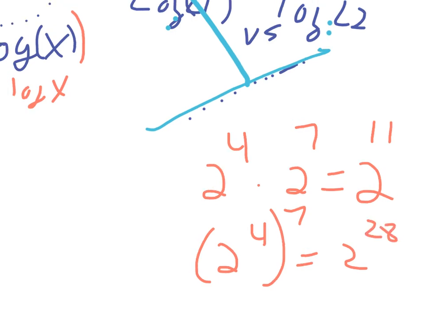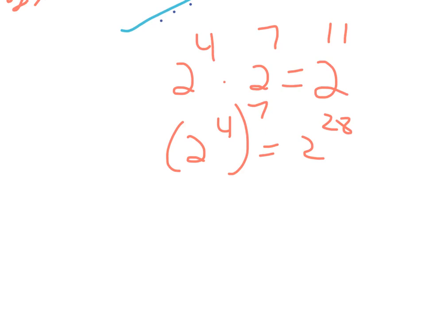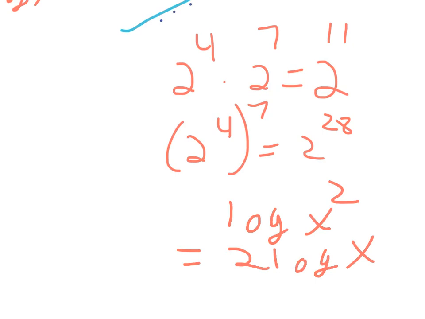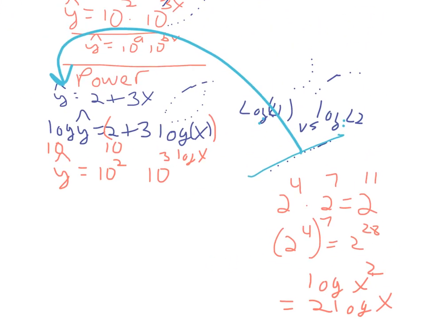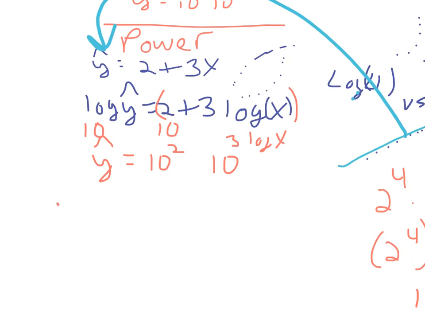All right, let me ask you something else. When we wrote log of x squared, wasn't that equal to 2 log of x? In your pre-calc? Yes, that's the rule of logs. You can put the power in front. Well, if the power is already in front, where do you think I'm going to put it?